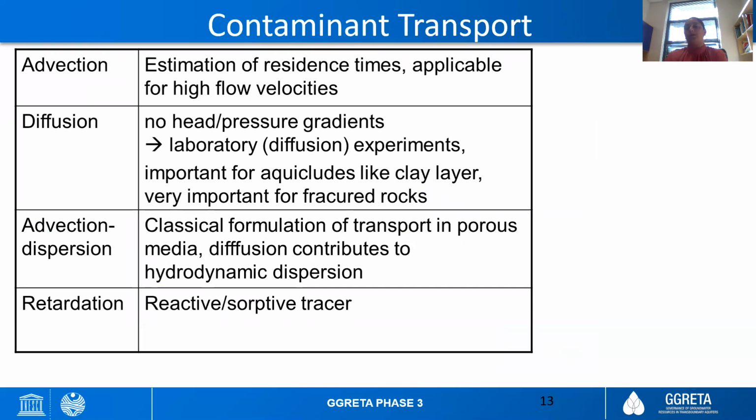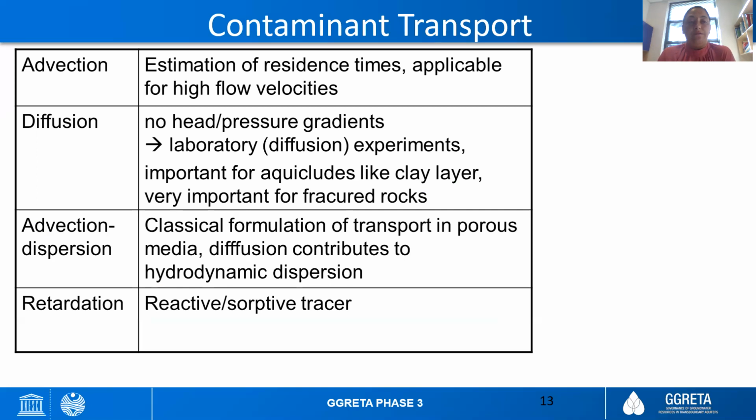The other important aspect that we need to take into account is how do contaminants move? So how are they transported? And there are a few mechanisms. Advection, which is that contaminant moving at the same rate at which your groundwater is moving. So that is typically adhering to Darcy's law.